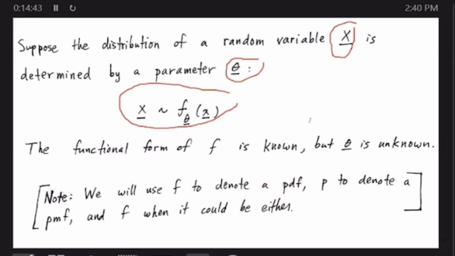Go ahead. Exactly. Actually, in some textbooks, some of them just use f. But most statisticians, in order not to cause confusion, are going to say, okay, let's use f for PDF. Let's use p for PMF. But it doesn't really matter. Okay. Now, I want to go to the next slide.